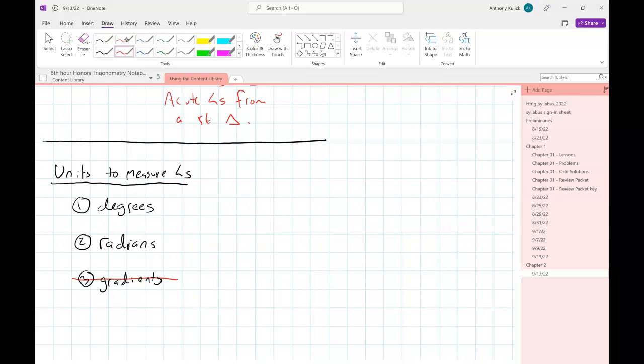All right, so degrees and radians are what we're going to be using primarily in this course. What's the definition of a degree? If I was going to ask you what 1 degree should look like. It's a very small angle, sure, but how would I know when I've drawn a 1 degree angle?